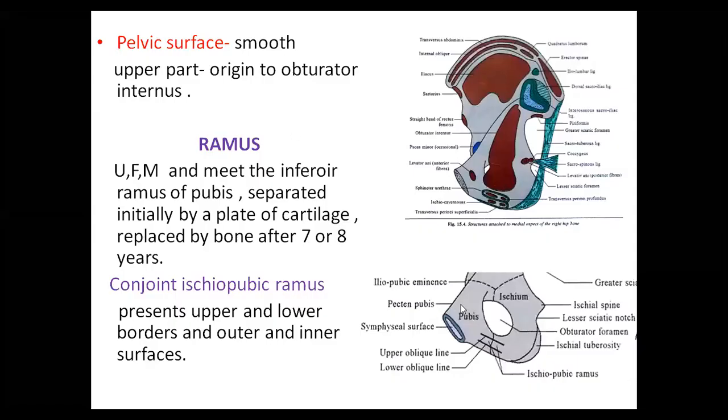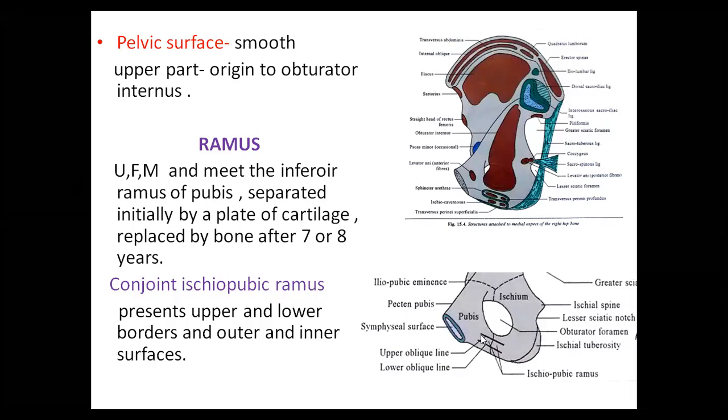Now see here, this is the ramus of ischium. This is the ischial tuberosity and this is the ramus. You can see a partition shown like a line over here, as though it is joining the ramus of ischium and the ramus of pubis. This is the joining point.